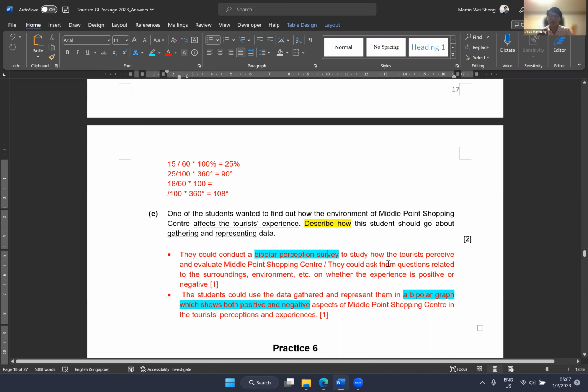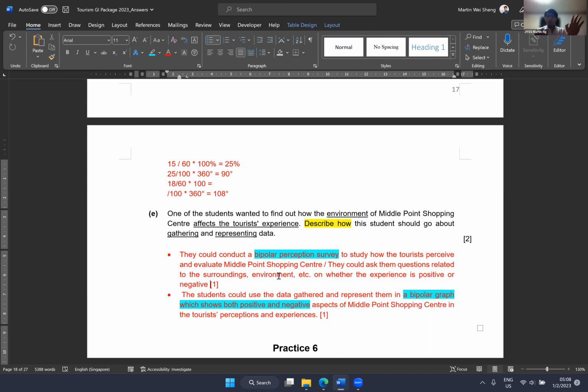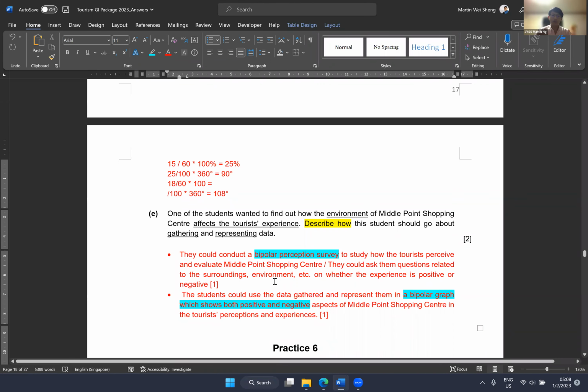So you can say that they could ask questions related to the surroundings on whether the experience is positive or negative. They can ask questions like, do you find the place pleasant, unpleasant? Then there is a ranking scale from +2, +1, 0, all the way to -1, -2. So the respondents will respond through that and write their answers down.